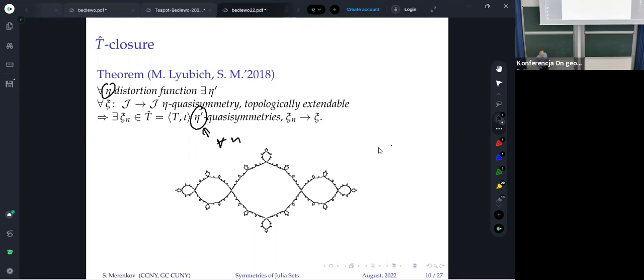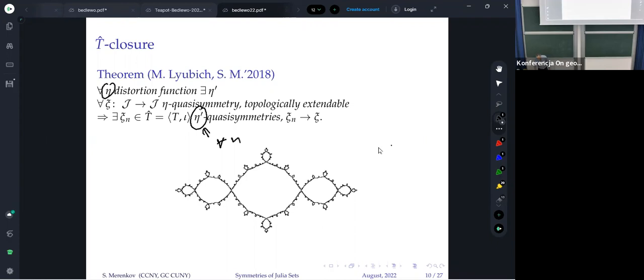And the description of the group was a bit different. They looked at the Basilica lamination, and at all the piecewise linear homeomorphisms of the circle that preserved that lamination. It turns out that this group, if you think of it in terms of laminations, is the same as the group generated by a regular Thompson group as well as the inversion.